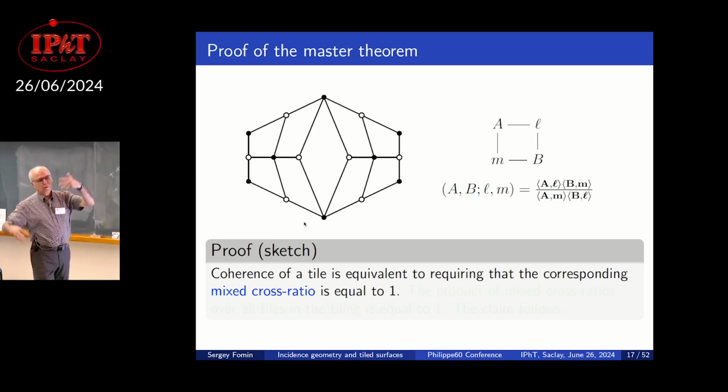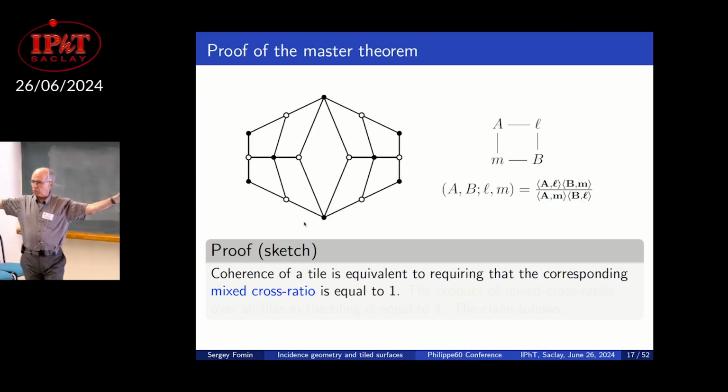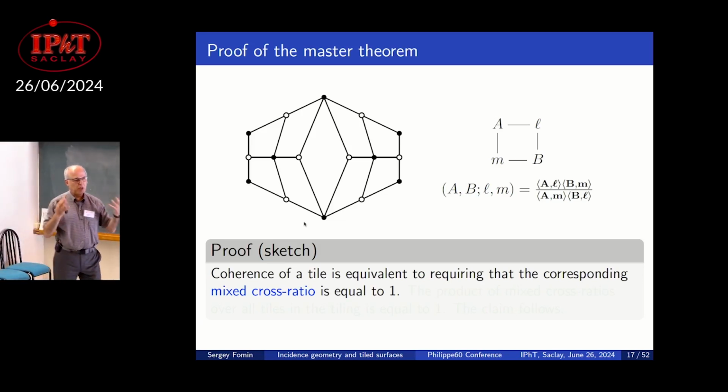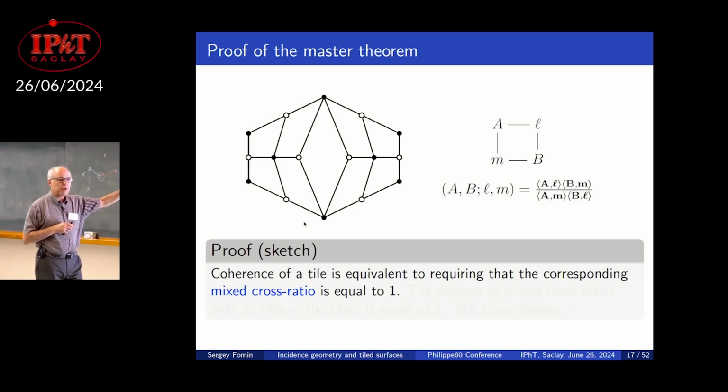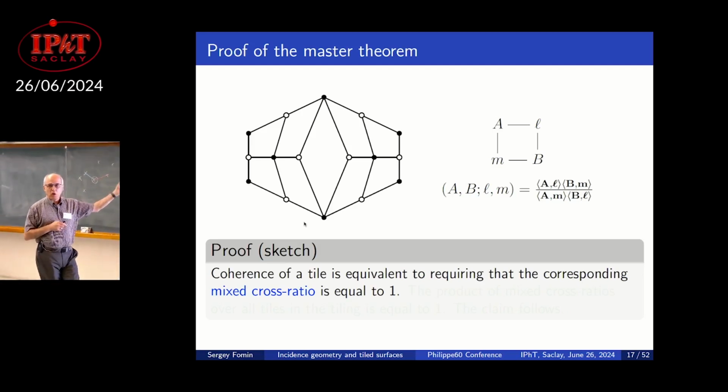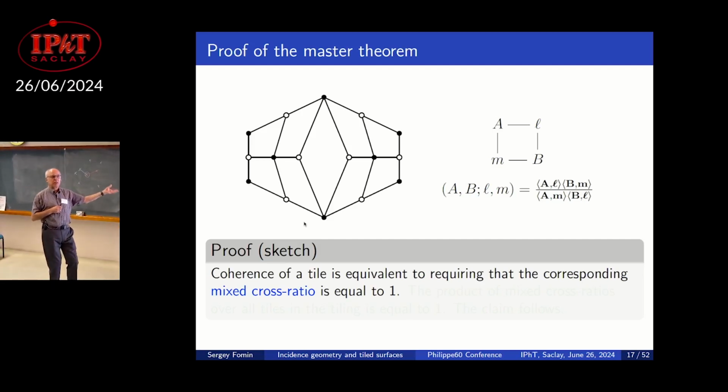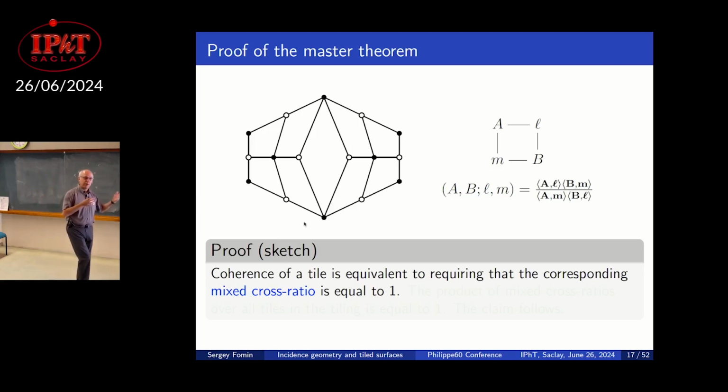And so the big product will be 1. Coherence means the individual cross ratio is 1. So if all of them are equal to 1, with the exception of a single one, since you know the product of all of them is 1, it follows the remaining one is also 1. End of proof. It's said that every talk should have a proof. In this case, it's a proof of the main theorem.